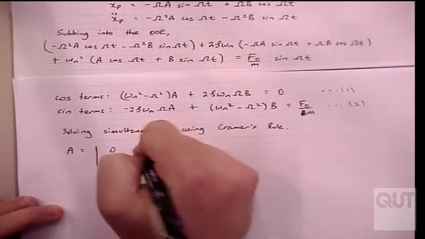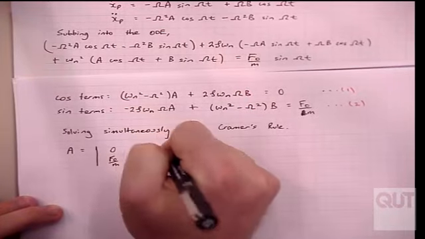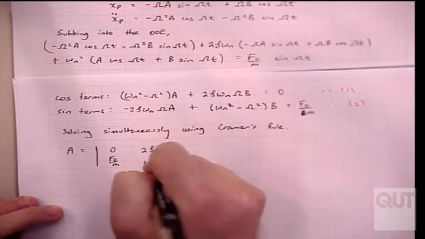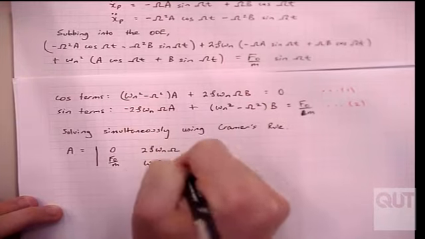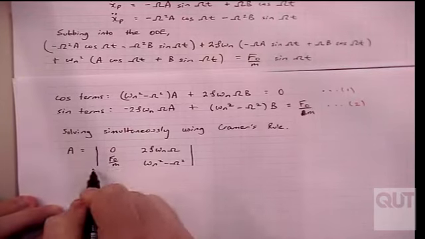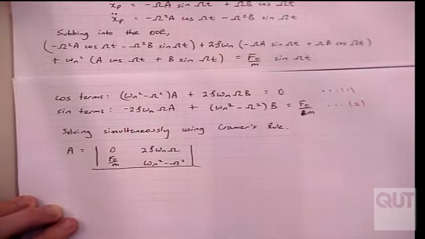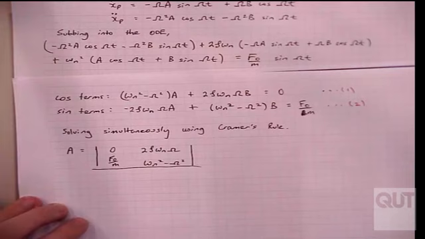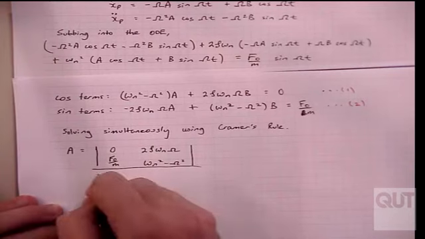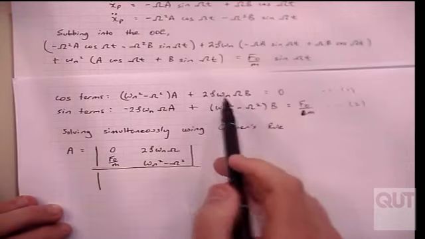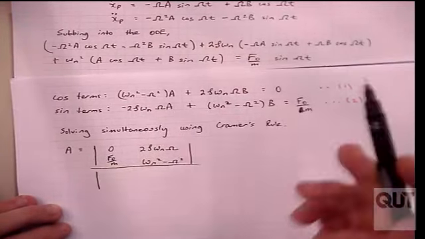All right, and every other column in the matrix stays the same. I take the determinant of that matrix, and then I divide that by the determinant of the coefficient matrix. So element 1, 2, 3, 4.